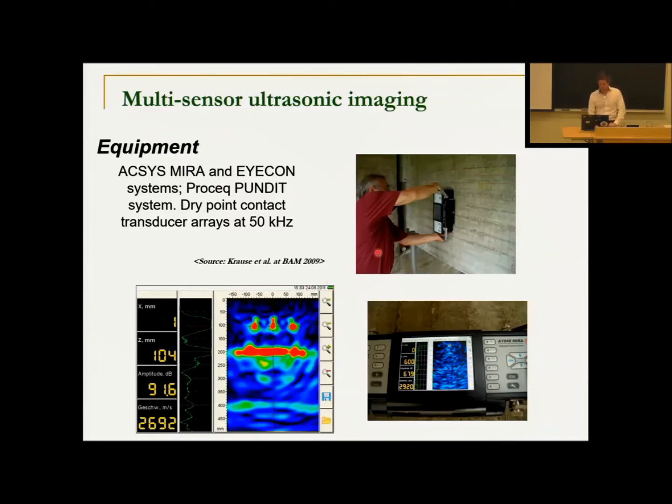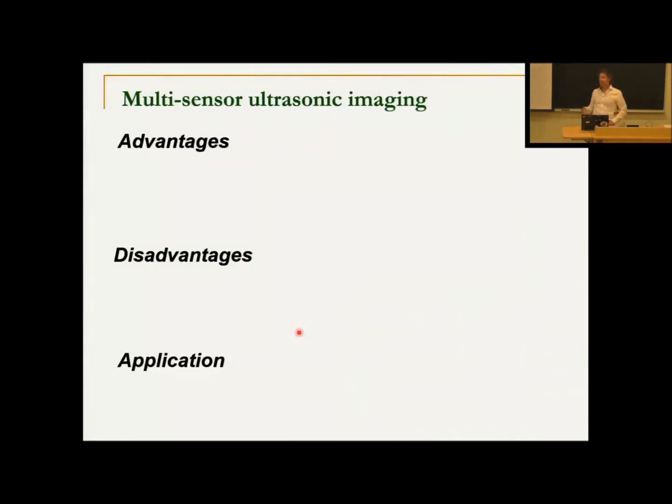Quite simple to apply: the footprint is under here, you push it against the surface, push a button and all the data are collected, and you get this cross-sectional image. So very practical. It gives you a very effective way of looking inside of a structure using ultrasound with concrete, which was not available before the invention of these arrays because of this scattering problem when you use a single element.